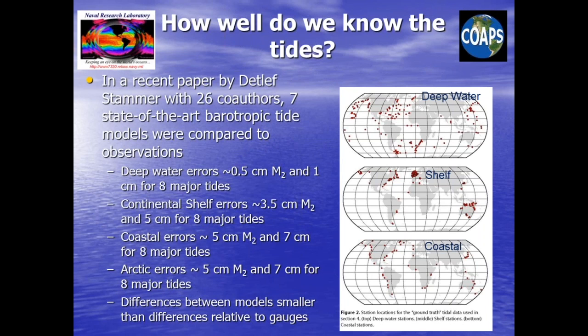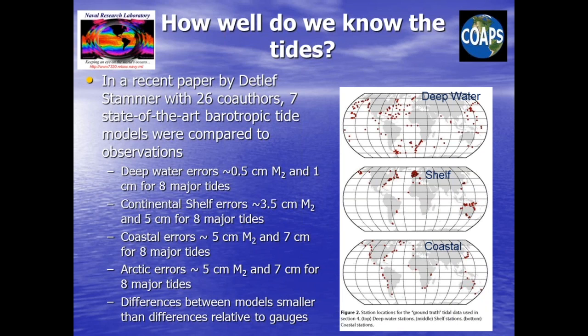So one question is, how well do I actually know the tides? This is a very busy slide, but just bear with me. There's a recent paper with a lot of people trying to compare the best tide models with 151 deep water gauges and then a whole series of continental shelf and coastal tide gauges. Actually, they looked in the Arctic and the Antarctic as well.